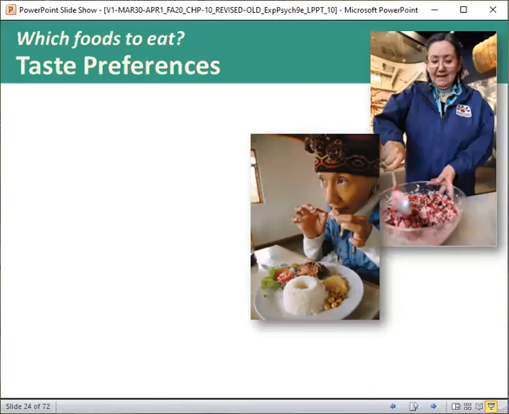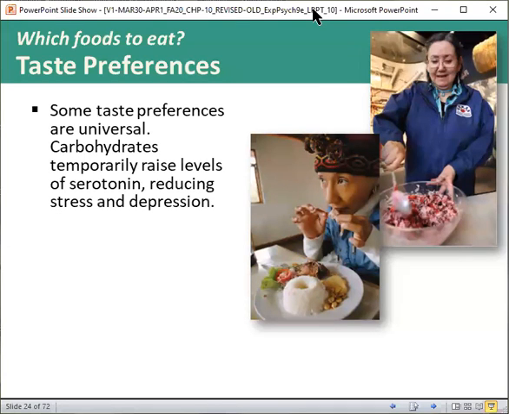Now, let's talk about taste preferences real quickly here, and we'll get back to some of that weight stuff in a second. All right, taste preferences. We all have different tastes, okay? And we all were from different cultures or environments where food may be different as well. So some taste preferences are universal. The fun ones: carbohydrates.